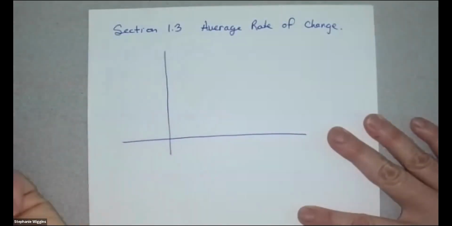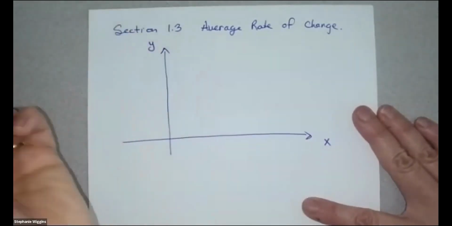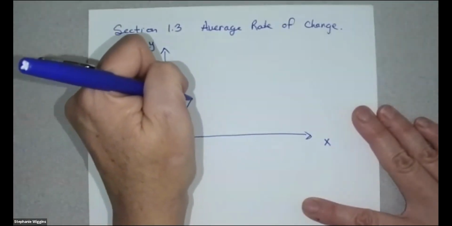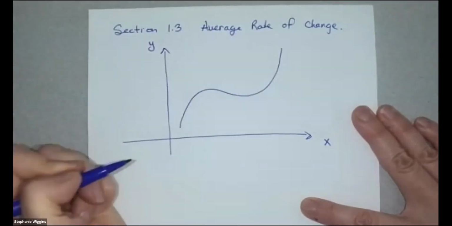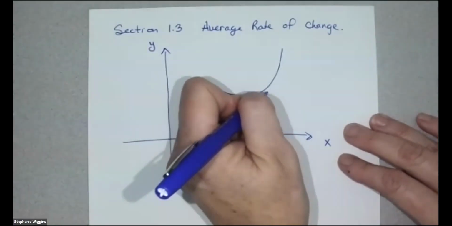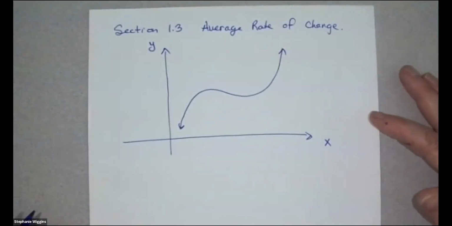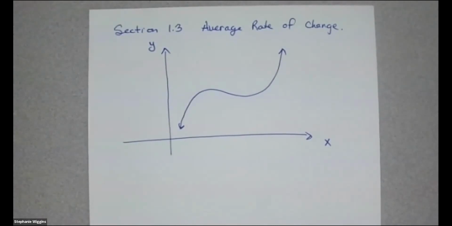So here we have, for example, a coordinate plane, and we have some function. It's changing, right? It's increasing, then it's decreasing, then it's increasing. But on average, it's an increasing function, kind of like the stock market. It goes up, it goes down, it's all over the place. It's constantly changing.